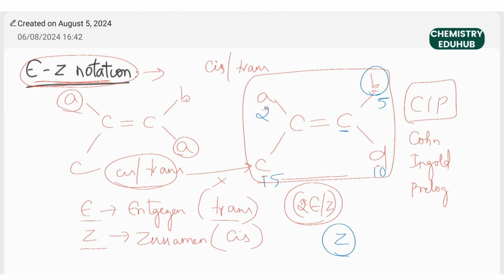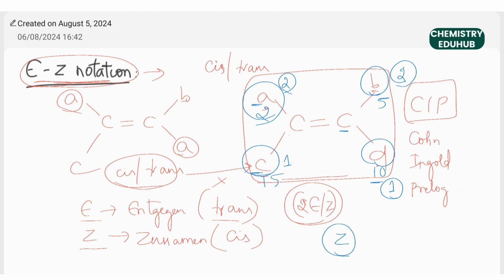Here among B and D, D's atomic number is more, so this is given the first priority, B is given the second priority. Similarly, among C and A, C has the higher atomic number, so this is given the first priority, A is given the second priority.